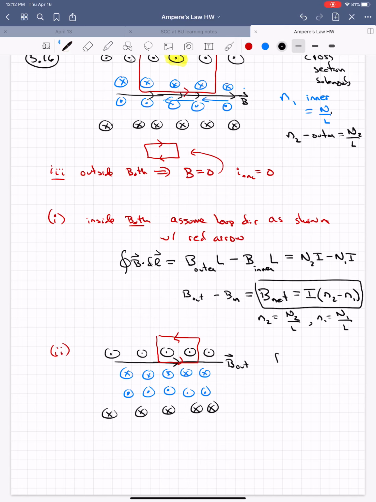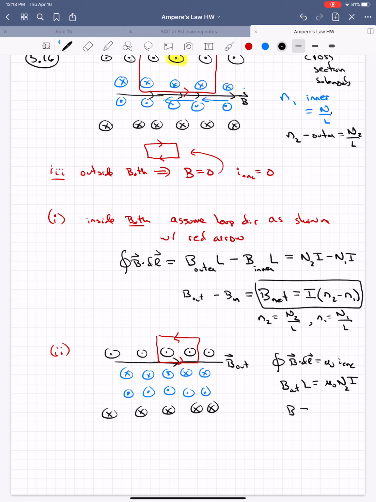And so now here, I would have B.dl is mu naught I enclosed, and I would have B due to the outer solenoid times the length is mu naught N2 times I, because there are N2 wires in my box.